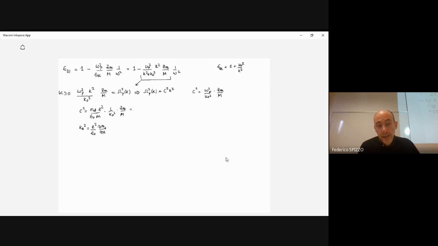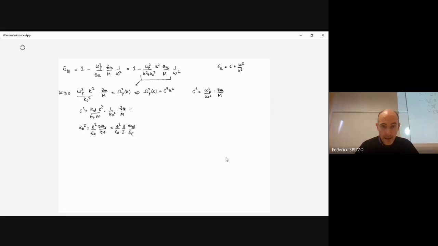The derivative of the electronic density with respect to the chemical potential is equal to the density of states at the Fermi level. So this is equal to e squared divided by e0, and the density of states at the Fermi level is 3 divided by 2 times electronic density divided by EF.